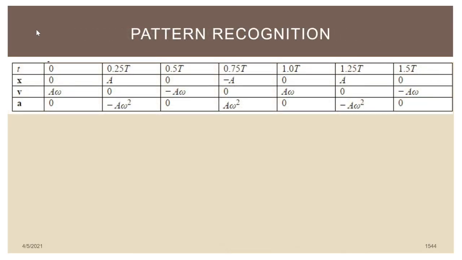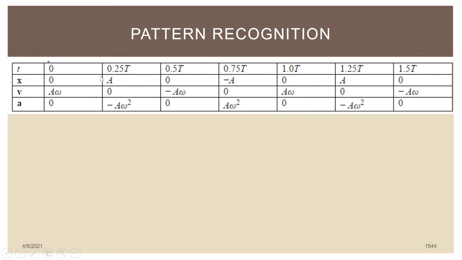Okay, so hopefully you picked up on that pattern we were discussing when we were talking about the maximum speed and the maximum acceleration, because what we see here is a very interesting little relationship. The position of the oscillator cycles back and forth between 0, and this is just a hypothetical example where the position happens to be 0 at time equals 0, to the amplitude, to 0, to the negative of the amplitude, to 0, to the amplitude, to 0.